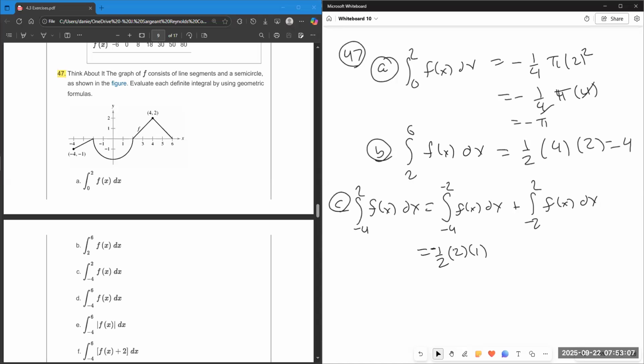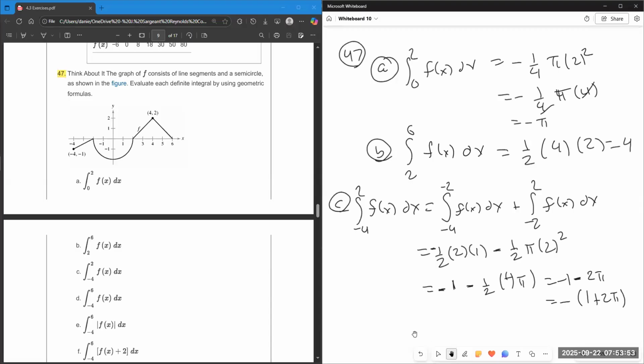And then I have a negative pi, negative 1/2 pi r squared. This is a semicircle, it's 1/2. So this is negative 1. And then this is minus 1/2 of 4 pi is a negative 1 minus 2 pi. And it'll be helpful to me later to think of that as the opposite of 1 plus 2 pi.